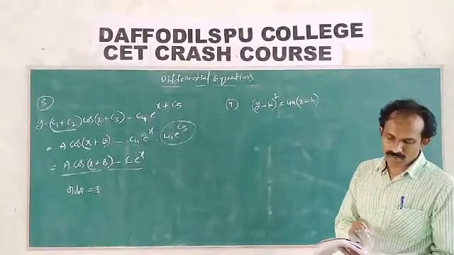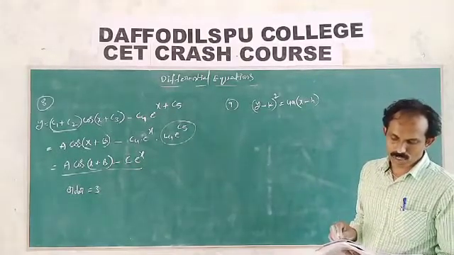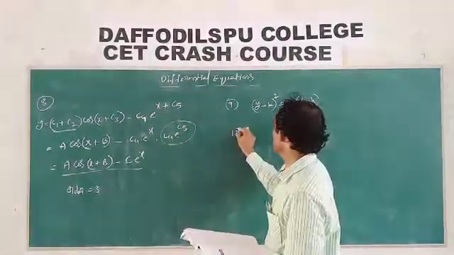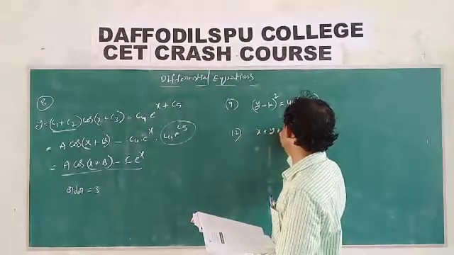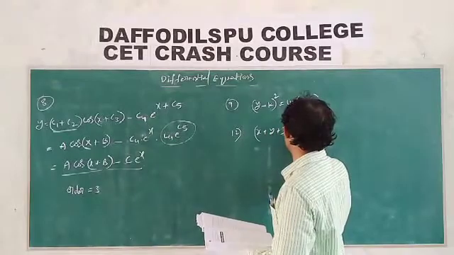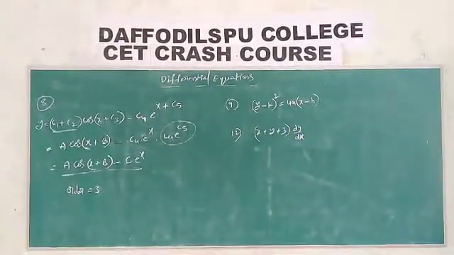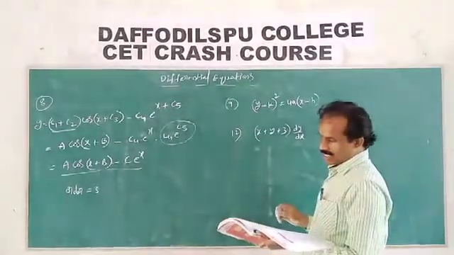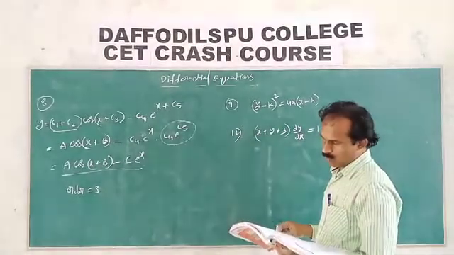Right. The general solution of the differential equation. 12th question. The general solution of the differential equation x plus y plus 3 into dy by dx is equal to 1, right?